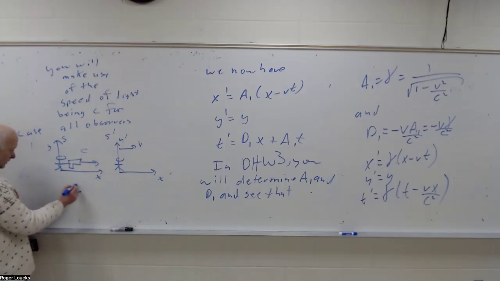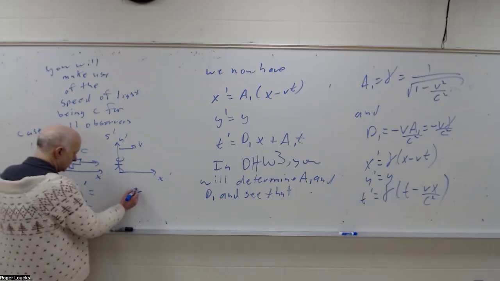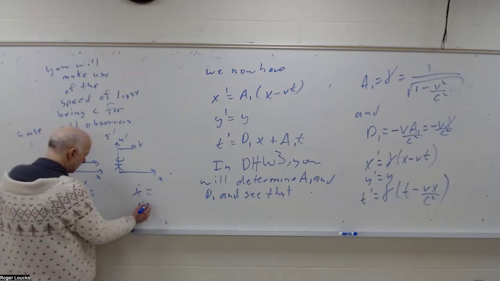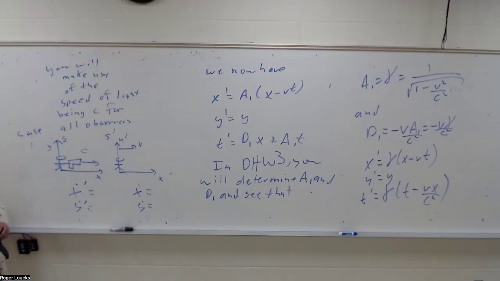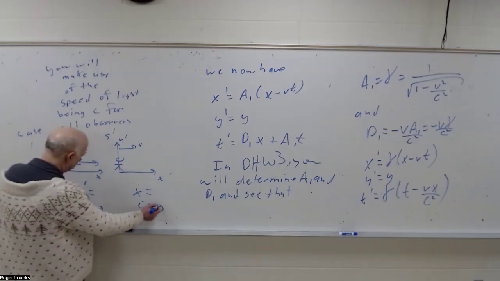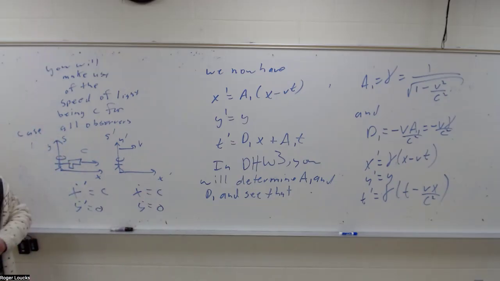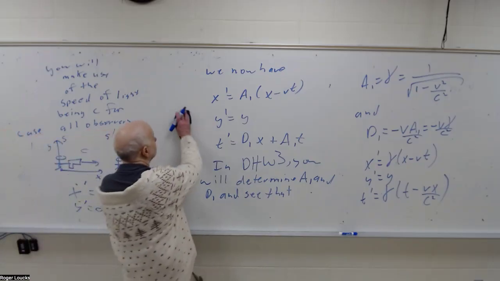So what would you say then is x dot prime, y dot prime, x dot, and y dot? c, 0, c, 0. It's just going in the x direction, so this is 0, and this is 0, and this has to be c, and this has to be c. When you do that, that's going to give you a law. And that's the first case. And then the second case.